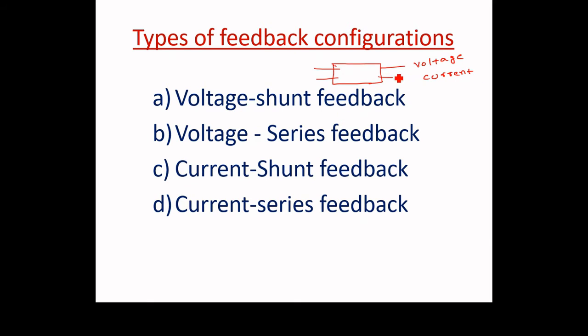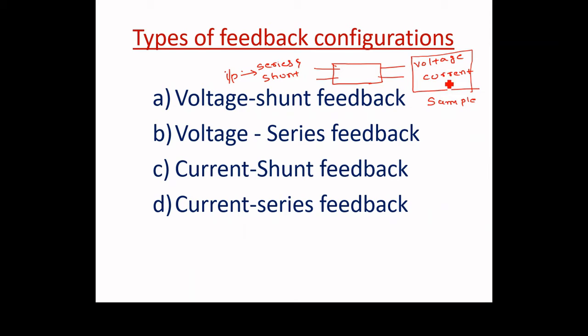And this feedback is a part of the output, which we need to connect again to the input. So at the output side, these two parameters, voltage and current, we can sample. And at the input side, we can connect either in series or in shunt with respect to the input.